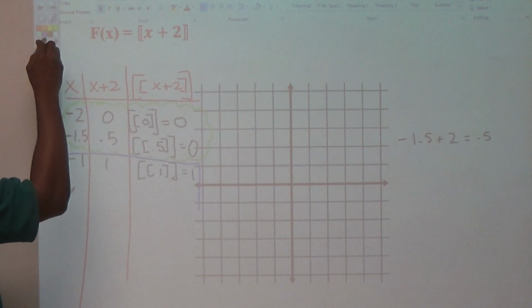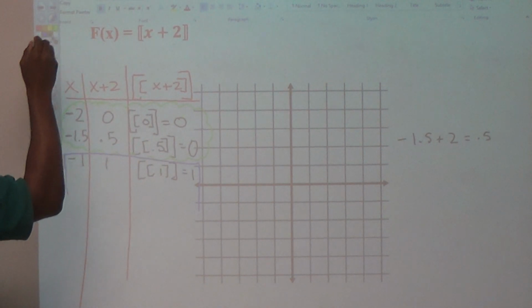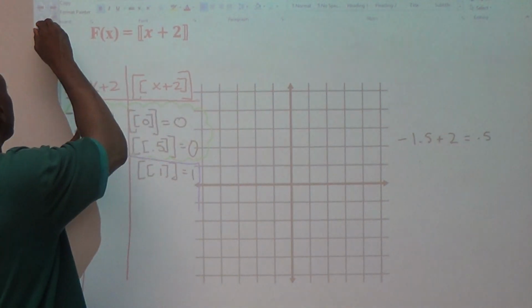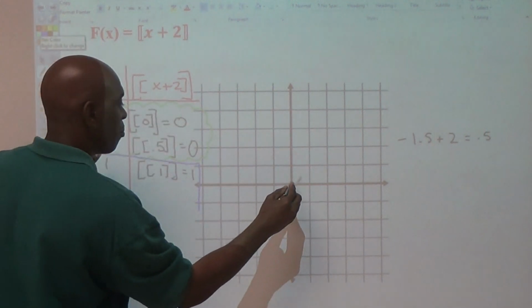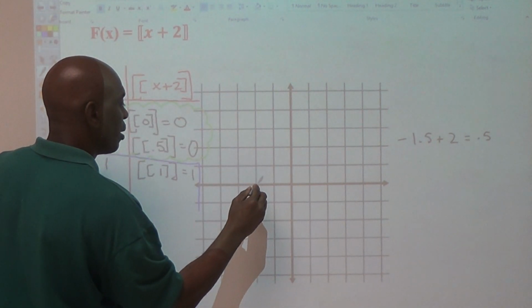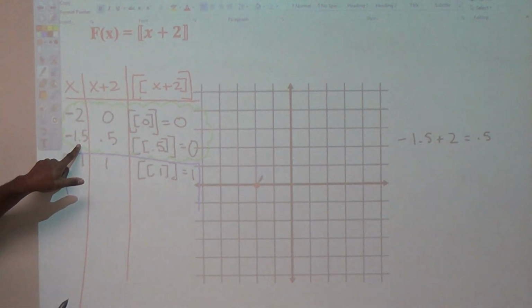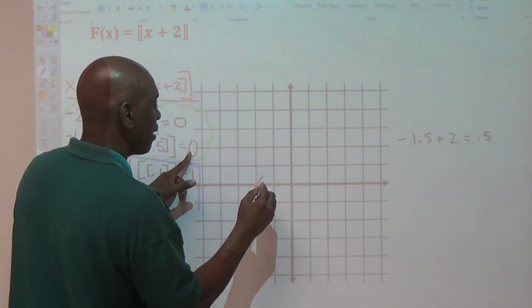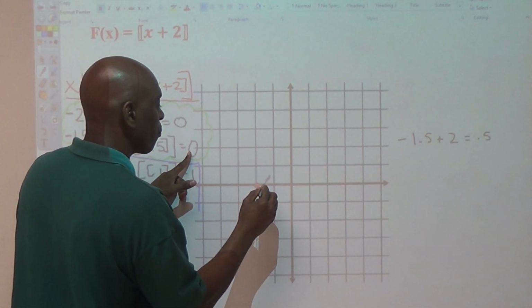So all of those x values, let's graph it. At -2, I had a 0. At -1.5, it was also what? 0.